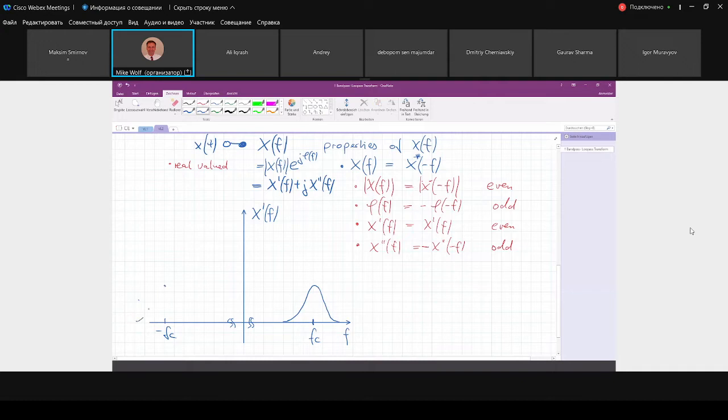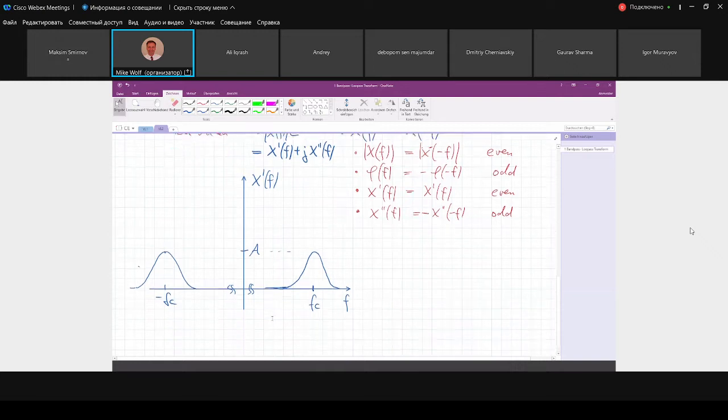This looks like this. It should be exactly the same as on the right-hand side. So this is the real part of the spectrum. Now let's write here A as the maximum value of this real part. And now we draw the imaginary part of this spectrum.